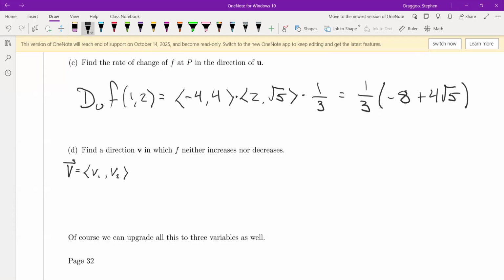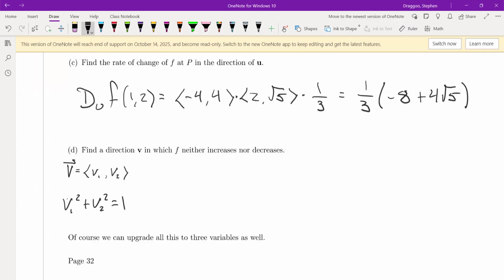I know that this should be a unit vector, so v1 squared plus v2 squared should be equal to 1. I've got that equation I can set up. Again, my direction should be a unit vector, so the two components squared ought to be equal to 1.